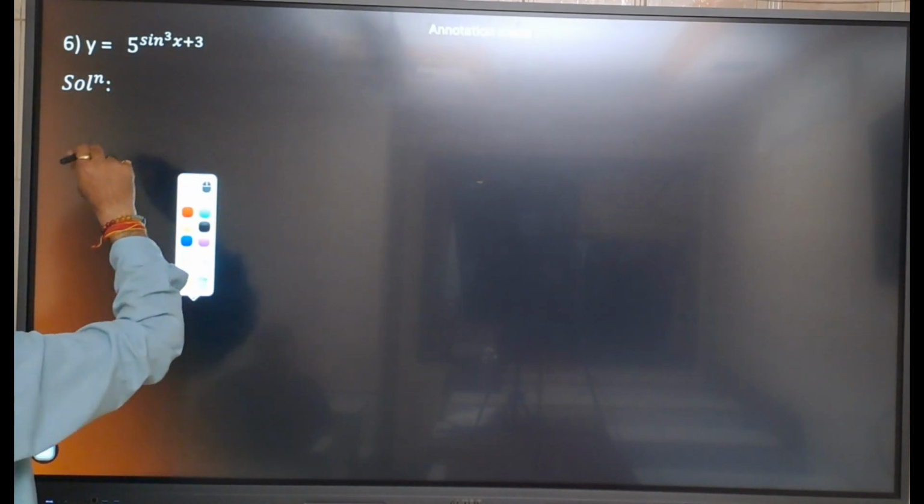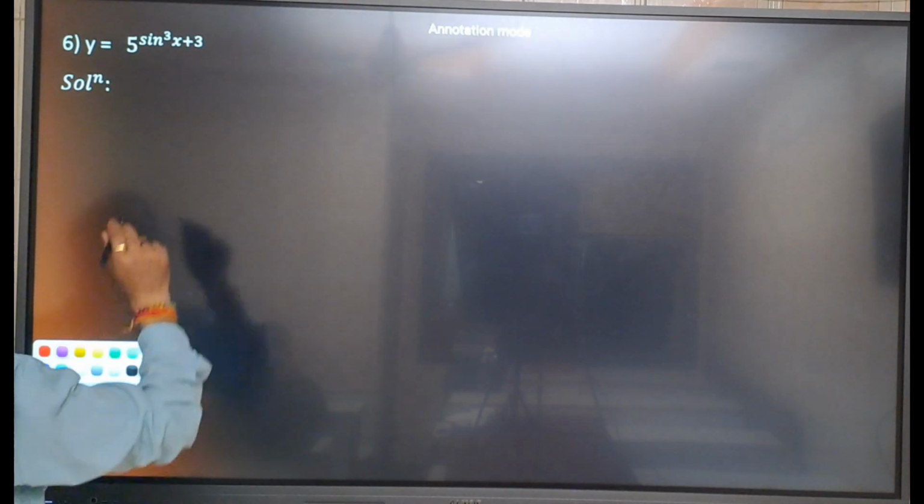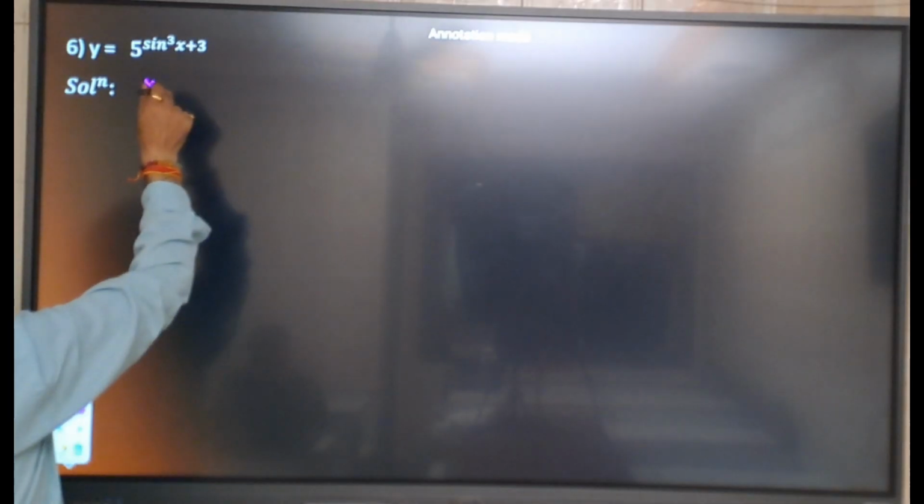Y is what? 5 raised to sine cube x plus 3. This is a raised to x type.